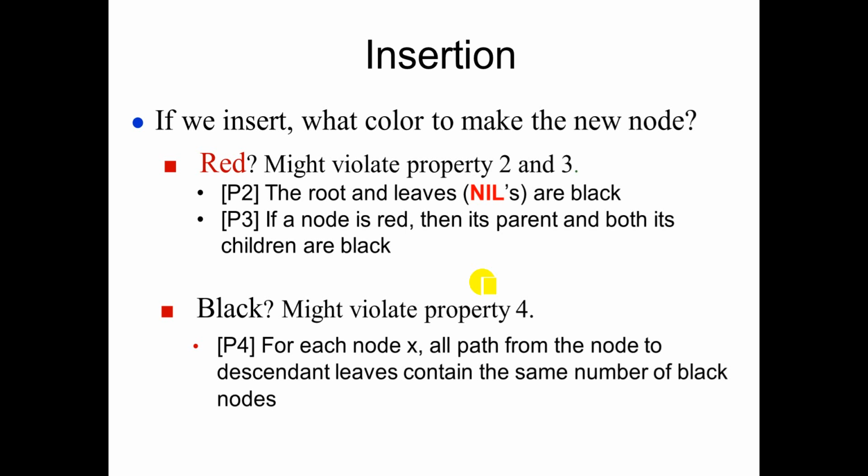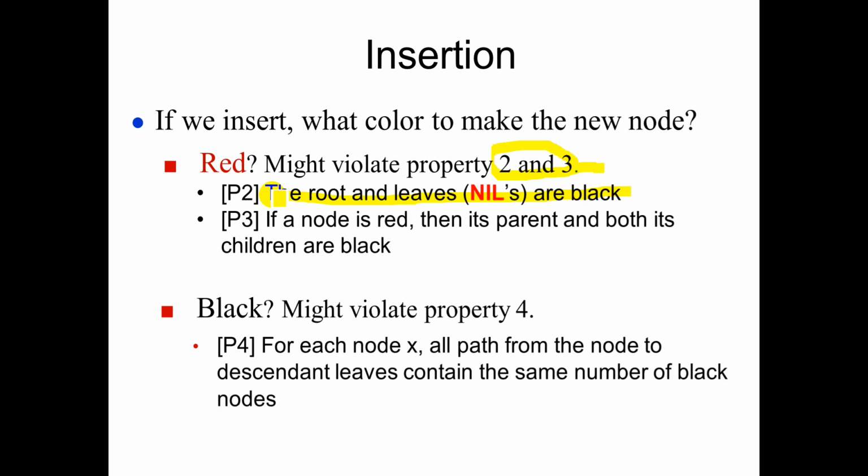The issue is that if the node is red, then it may violate property 2 and 3. Okay, how? We know that property 2 means the root and leaves are black. So if it is the first node, that means it is a root, and root should be black.